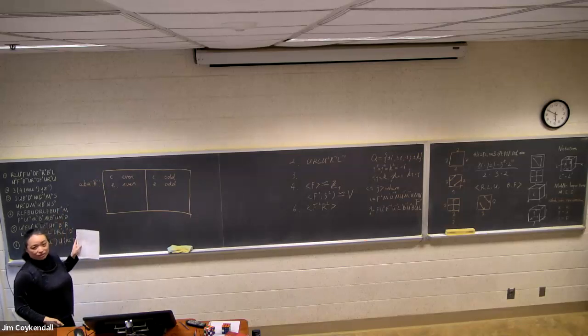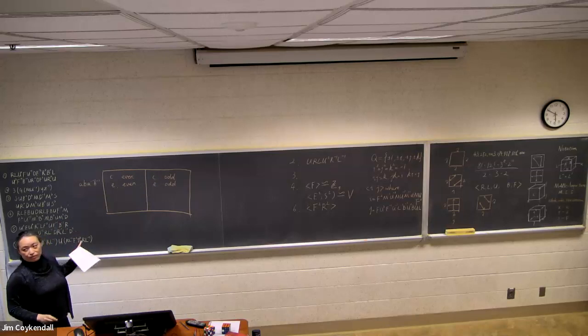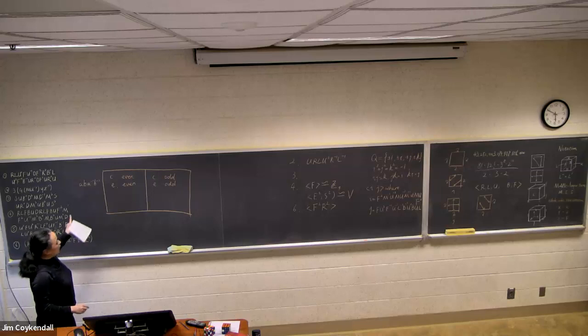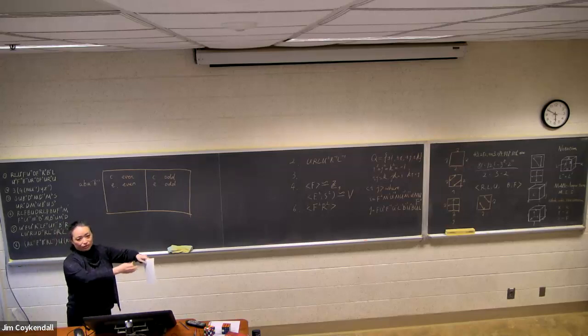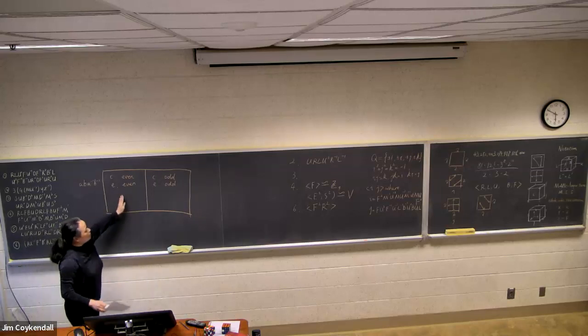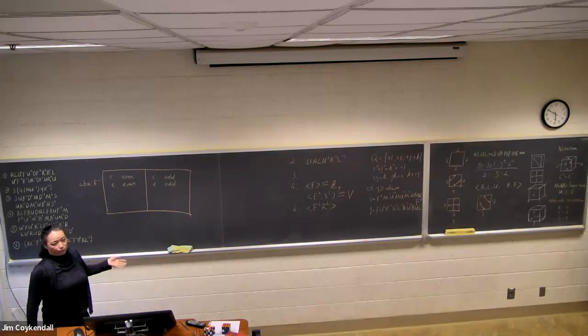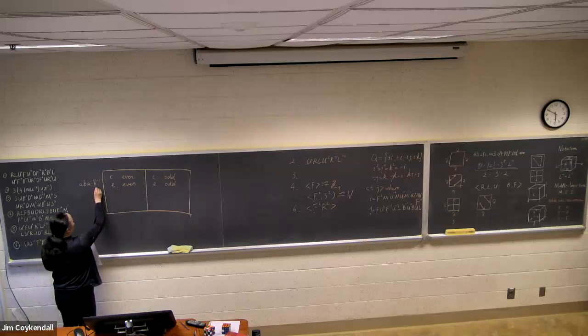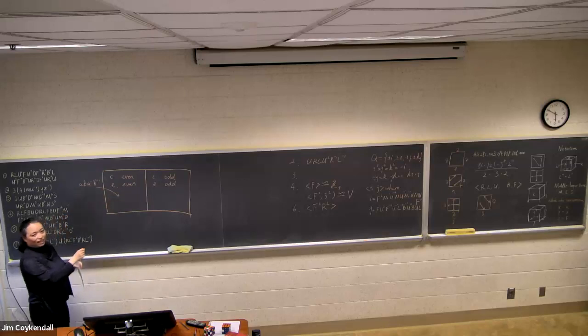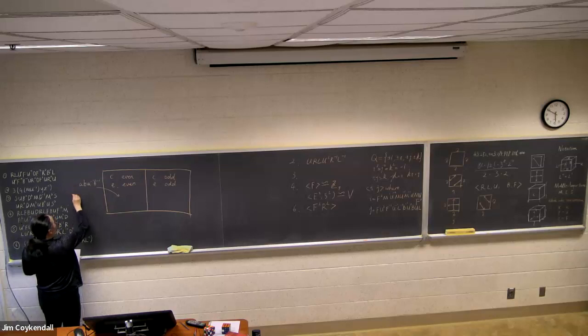A and A inverse, they have the same parity of permutation, right? You do A and later you do A inverse, no matter whether A lives here or here, it's always even permutation, right? Same with B. So A, B, A inverse, B inverse, always live here, right? That's a commutator.